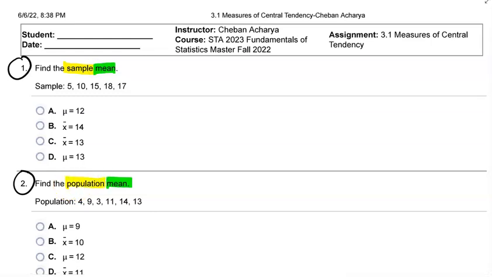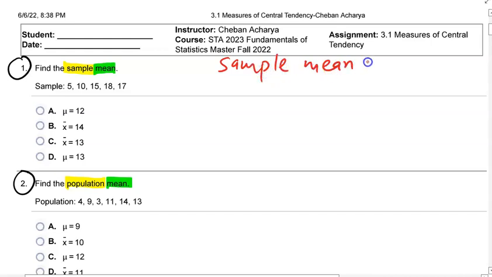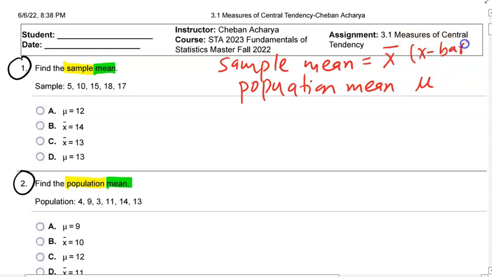The main question is how to find the mean, but I want to let you know that sample mean is for a sample data set, and the symbol is x bar, and the population mean symbol is mu. You read this as x bar and this as mu. Okay, just the name for that.